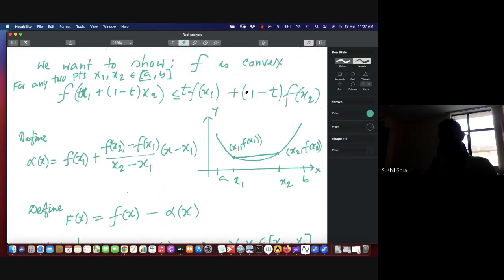So this one we want to prove, which means this is a point x here. So this is f x and this is alpha x for this x. Do you see it?